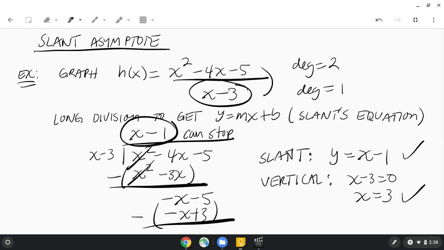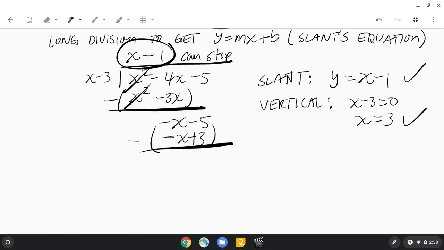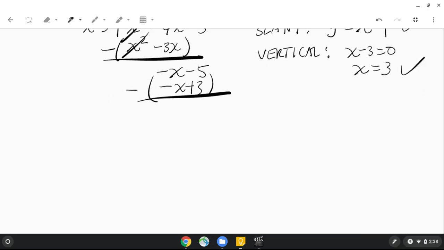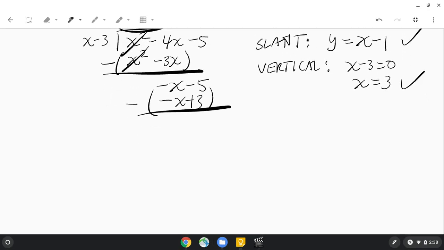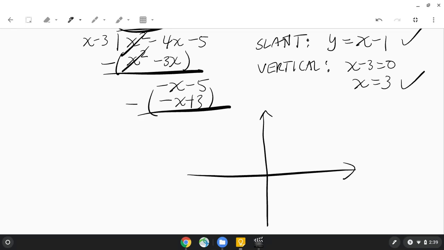So let's go ahead and graph our two asymptotes. And then we'll do the same thing we did previously where we choose values. Okay, so if we go ahead and graph this. Okay, so we have a vertical at x equals 3 that is being excluded from our domain.